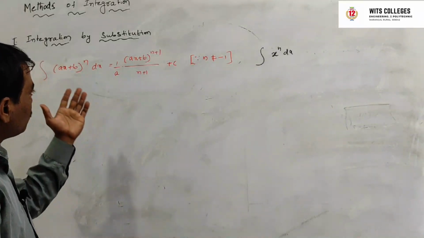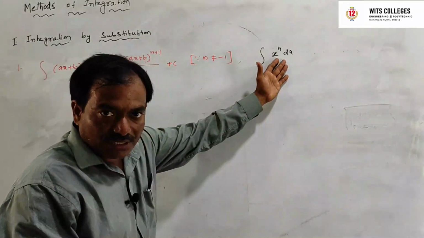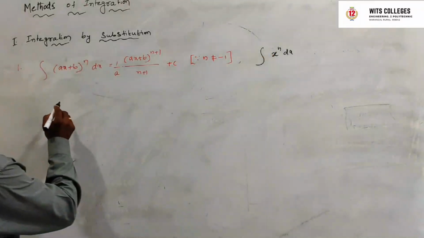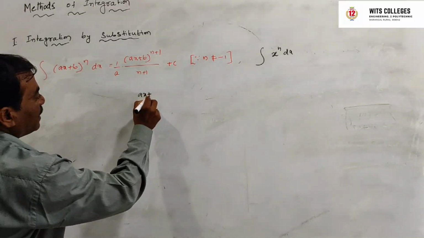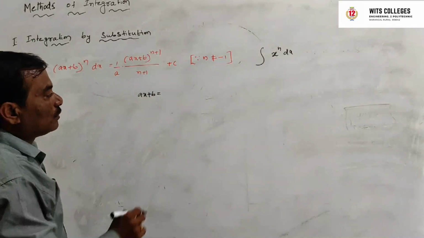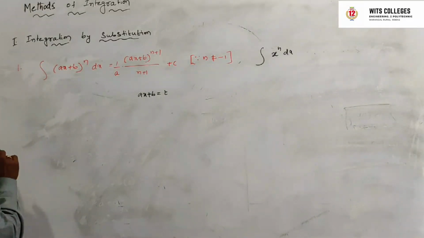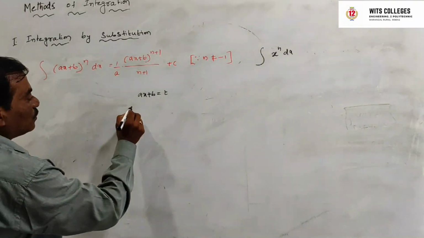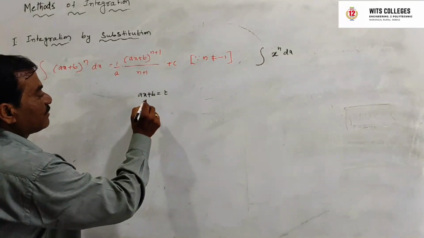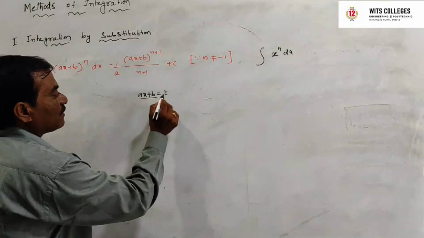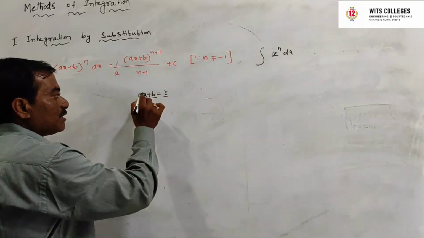In order to convert the given integral into this standard function, we have to substitute ax plus b equal to another variable called t. Now again we differentiate on both sides with respect to x, because t is a function of x, meaning t's value depends on x.